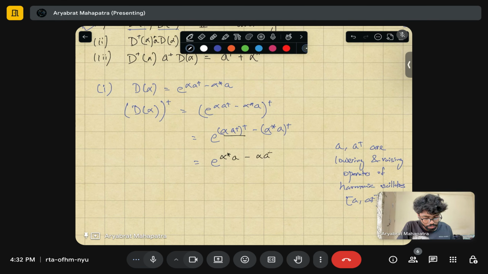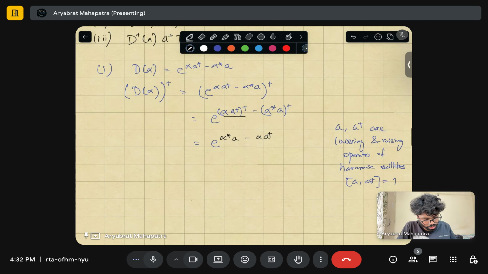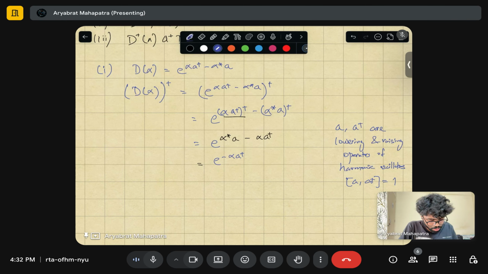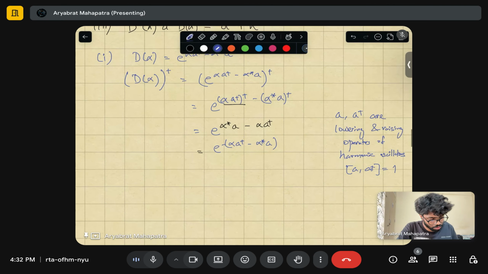Now here I can write this as minus of alpha a dagger minus, sorry, alpha star and a. So this is basically D of minus alpha.